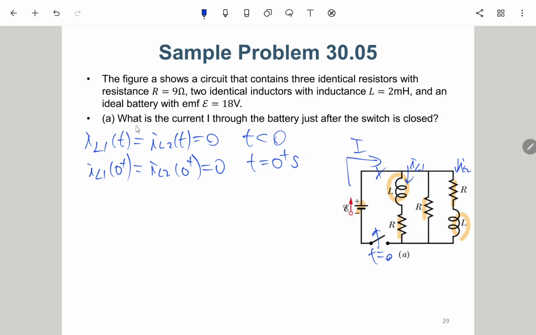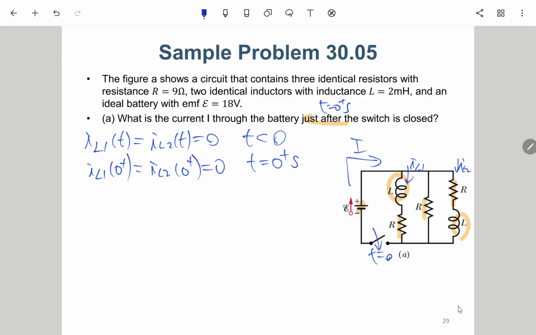So what is the current I through the battery just after, meaning t equals 0 plus, when the switch is closed? There will be some current, but for the IL1 path and IL2 path, it should be 0 at t equals 0 plus.